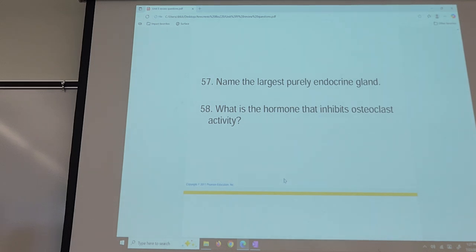So we're getting at the difference between calcitonin and parathyroid hormone, right? So in the previous question, I asked you about calcitonin, right? And calcitonin is secreted when you have high levels of calcium, right?